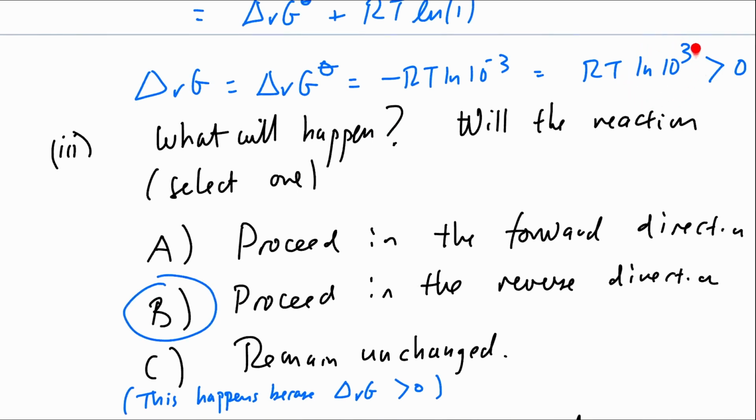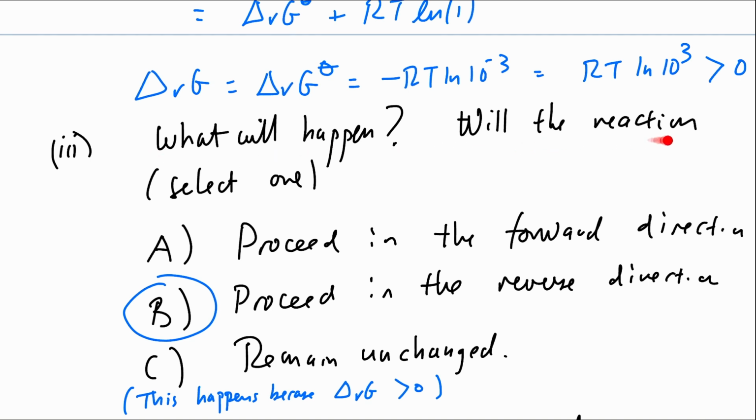Leaving it as log of 10 cubed is fine with me, right? Because I don't have a calculator. Well, I actually do have a calculator, because I'm going to steal the one that was left here if nobody else takes it. It's right here, by the way. But I would put it in Mathematica and hit return. I get the number. And it would be positive.